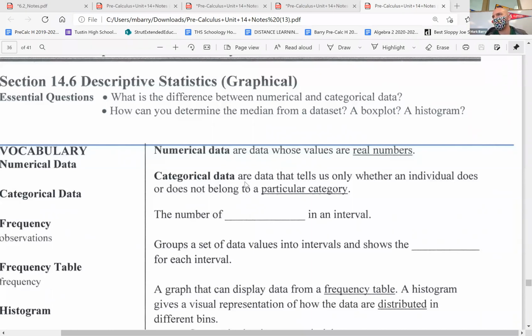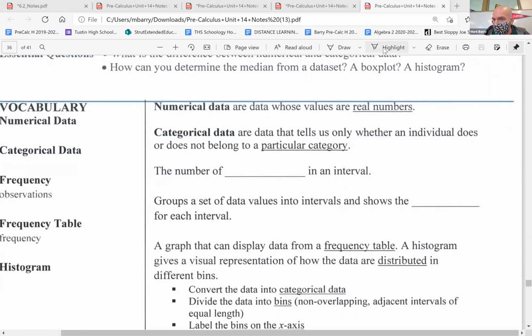Categorical data would be like if I asked everyone in the class, what is your favorite color? Okay. And then we really cannot find the mean nor median of that because, like, what's the mean of red and blue? I don't know, you can't do that. We could still do the mode though, right? The mode is the one measure that we can still do on the categorical data, okay?